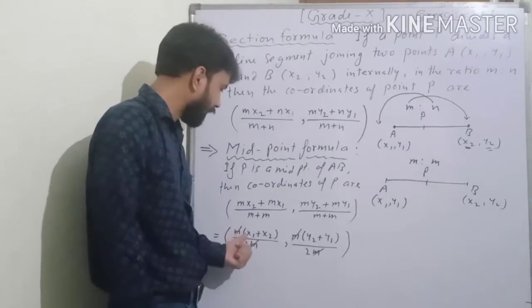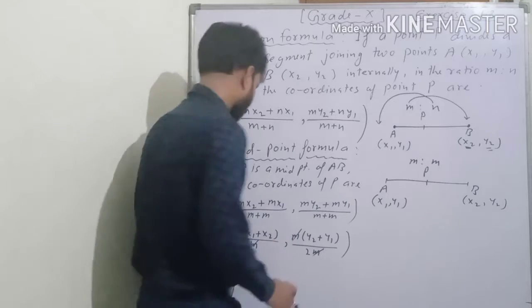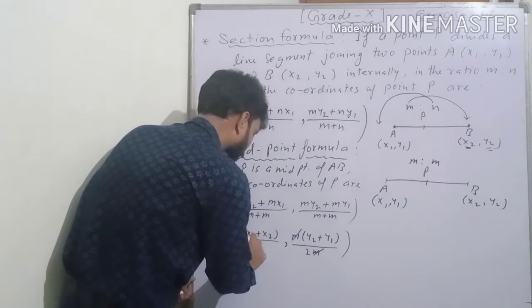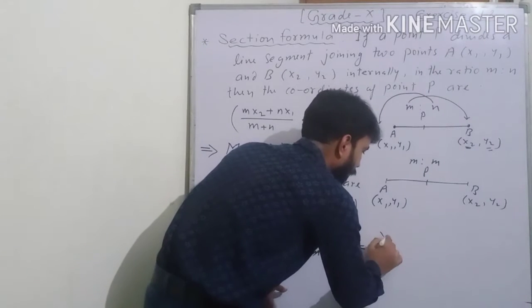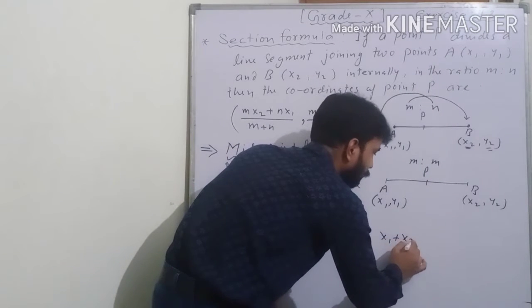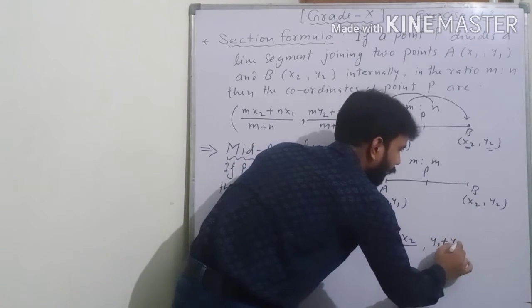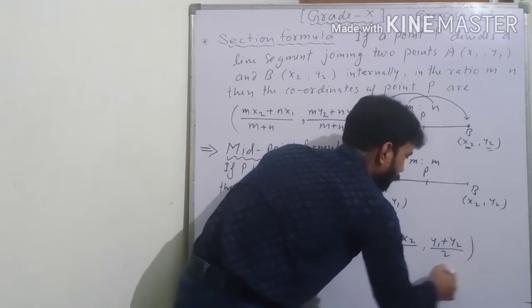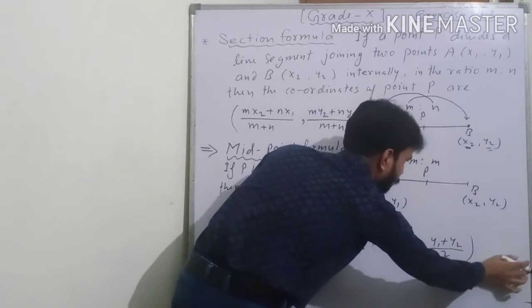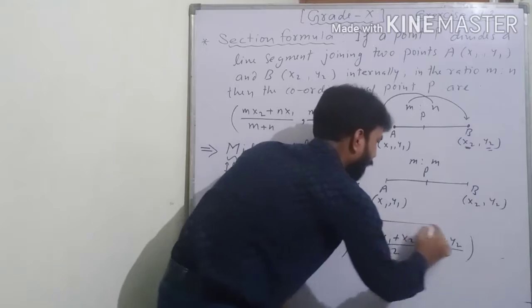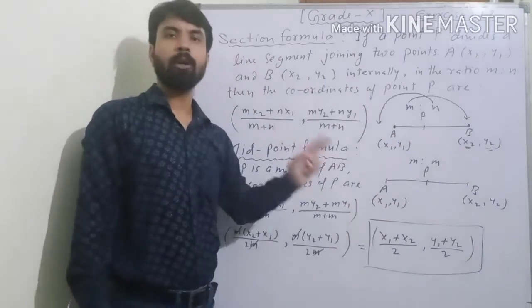What is left? x1 plus x2 upon 2 and y1 plus y2 upon 2. So beta, this is the midpoint formula. What is the midpoint formula? x1 plus x2 upon 2 and y1 plus y2 upon 2.